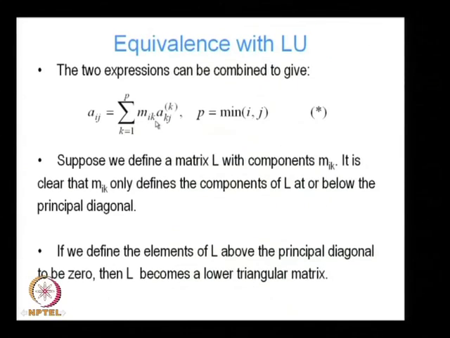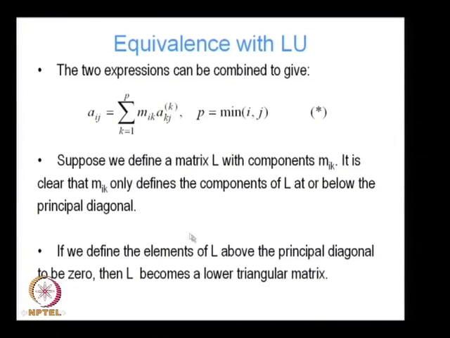Because in m_ik, k goes from 1 to p, and p is the minimum of i and j, so k cannot exceed i. So the second index k, which denotes the column index, cannot be more than the row index. That means we are only considering the elements of m_ik which are at or below the principal diagonal.